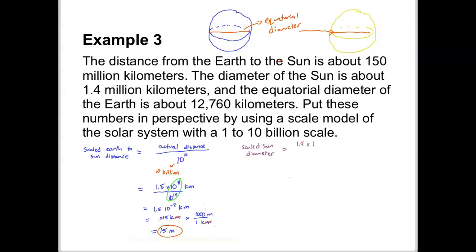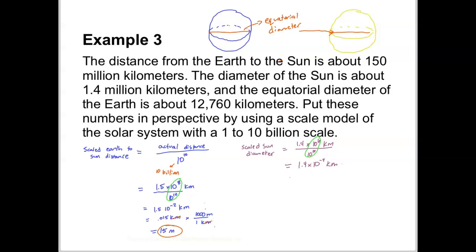So 1.4 million is 1.4 times 10 to the 6th kilometers. And I'm going to scale it down the same way by dividing by 10 billion, which is 10 to the 10th. Let's just worry about dividing the powers of 10. So 6 minus 10 is negative 4. So what I end up with is 1.4 times 10 to the negative 4 kilometers.